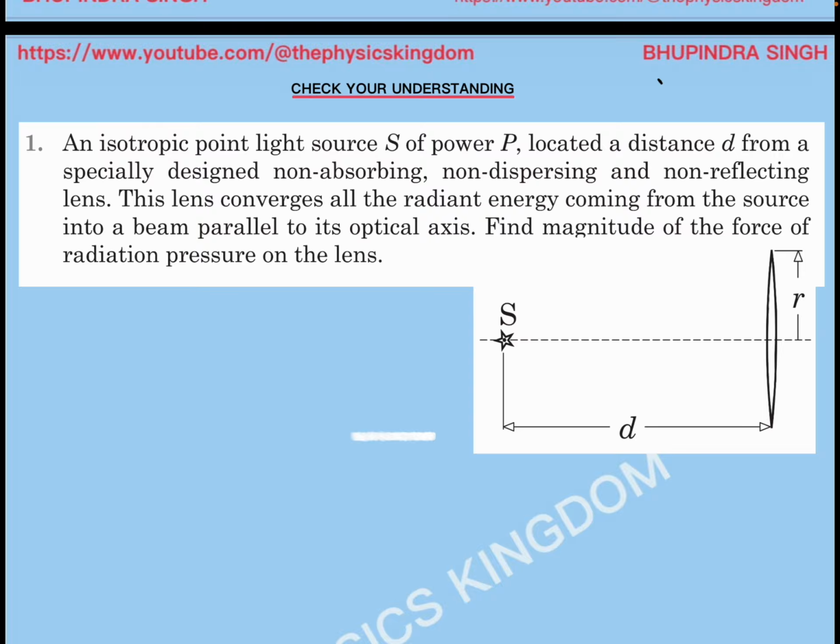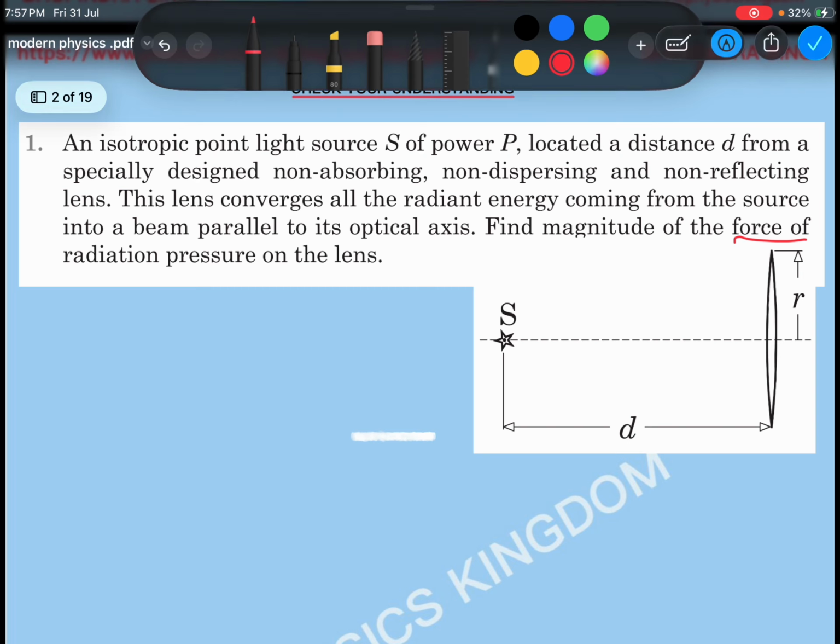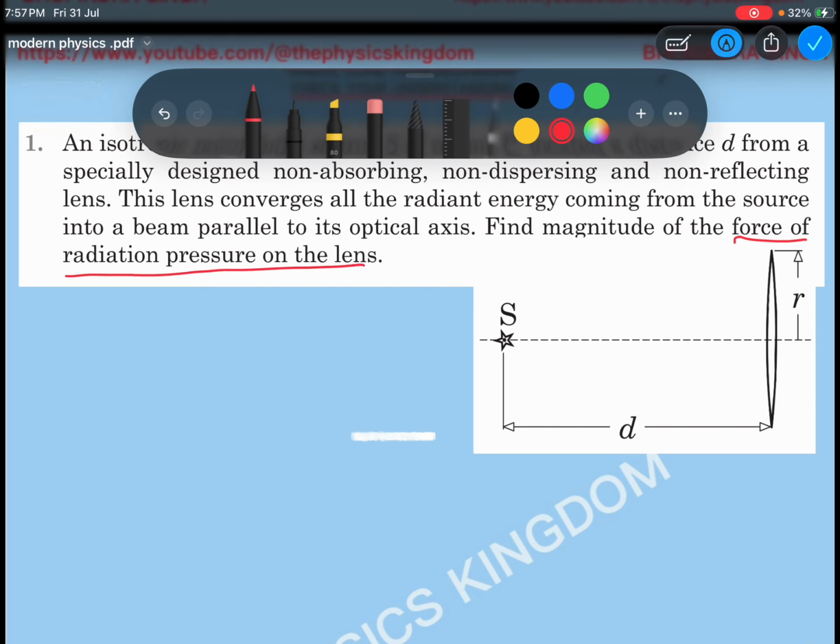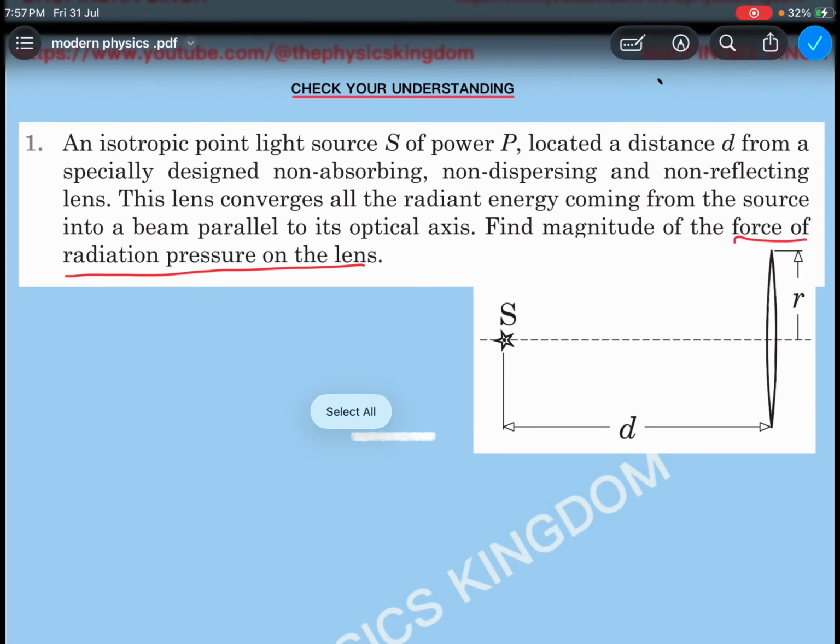Okay students, now let's discuss the solution. First you need to decide your approach. What should we do in this question? They are asking for the force of radiation pressure on the lens. We know that any radiation carries linear momentum.